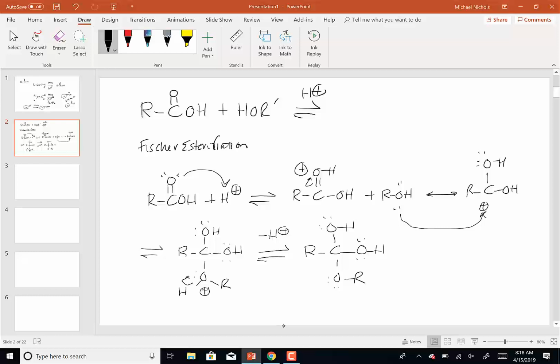So in that molecule, what do you want to protonate? Which one? Does it matter? It's not going to matter. So we'll go ahead and protonate the top OH. Okay, so that will then give us an oxonium ion.